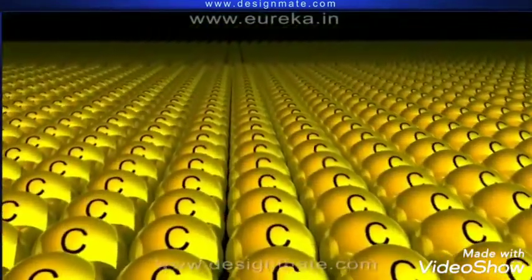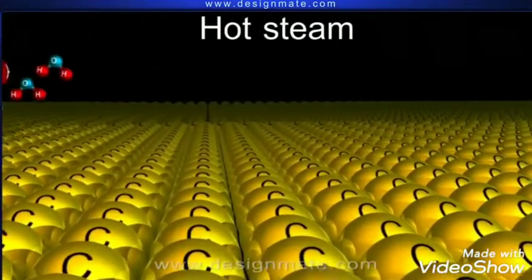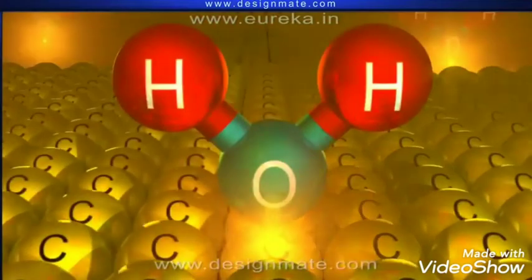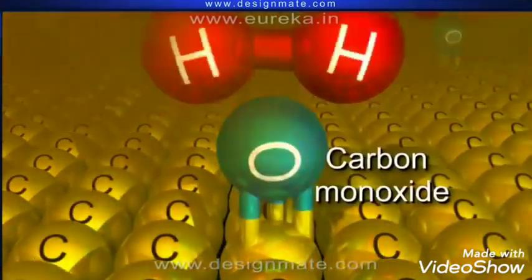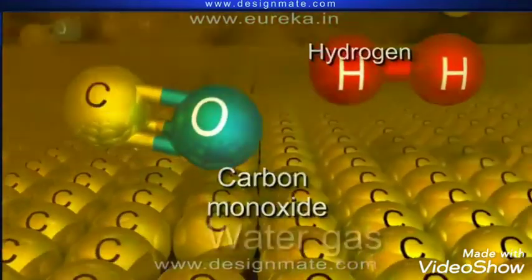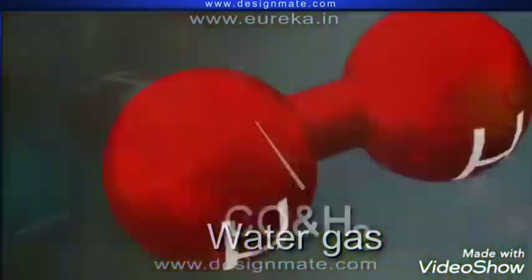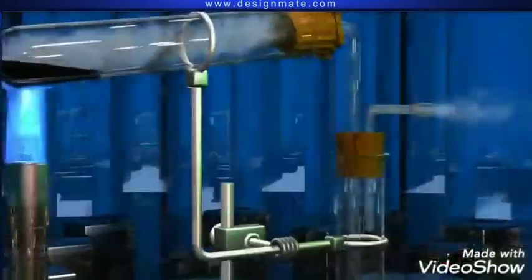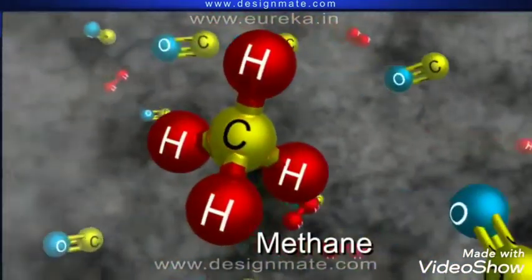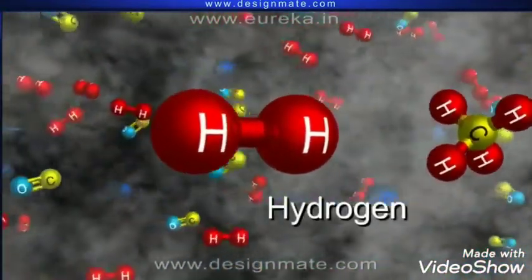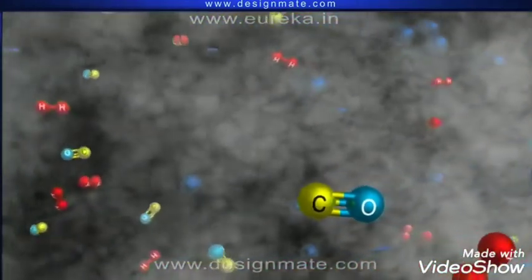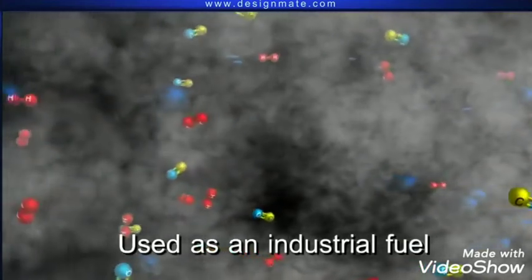Coke contains about 60% of carbon. When hot steam is passed over coke, carbon in the form of coke reacts with water vapors to form a mixture of carbon monoxide and hydrogen, which is called water gas. It is used in the manufacture of hydrogen gas. Coal gas is mainly a mixture of methane along with hydrogen, carbon monoxide, and other gaseous hydrocarbons, and is used as an industrial fuel.